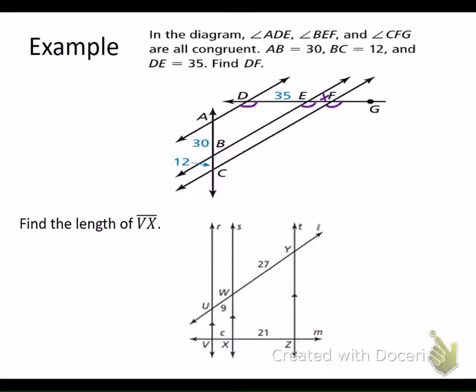Tell me what lines are my parallel lines. AD, BE, and CF, because those are corresponding angles. So now we know our corresponding angles create these parallel lines. Therefore, we can create our proportion. So not until you know that, Gabe, can you set up your proportions.